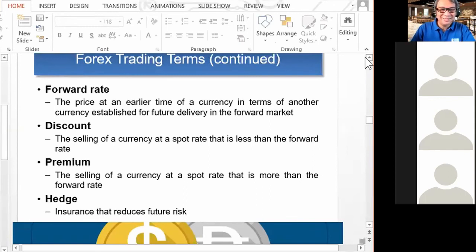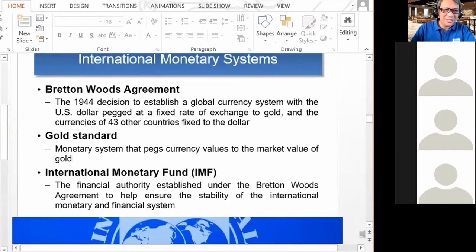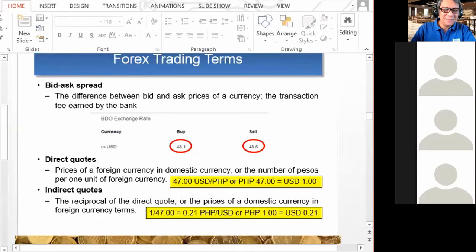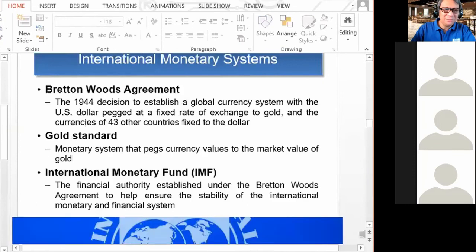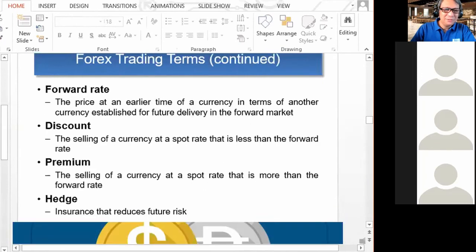That's how it is. Okay? So do you have any questions about these terminologies? Bid ask price, direct quote, indirect quote, forward rate, discount rate, premium, hedging.